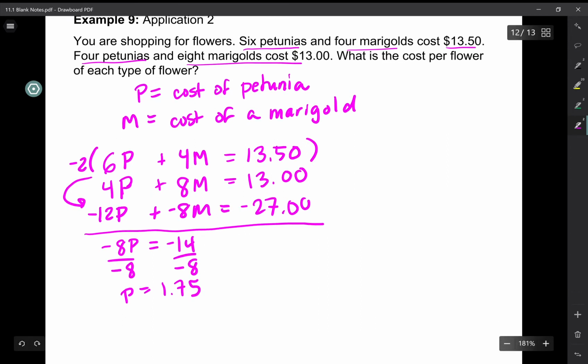To figure out the cost of the marigolds, we just need to plug that into one of our equations. So 6 times 1.75 plus 4m equals 13.50. 1.75 times 6 is 10.5.